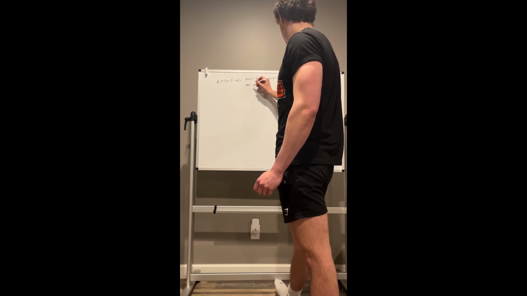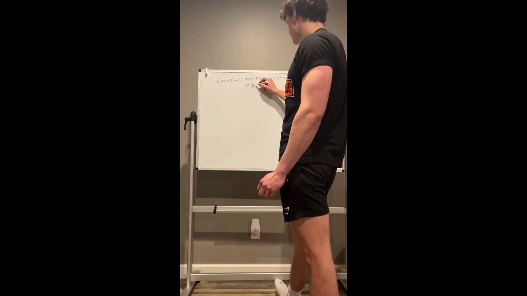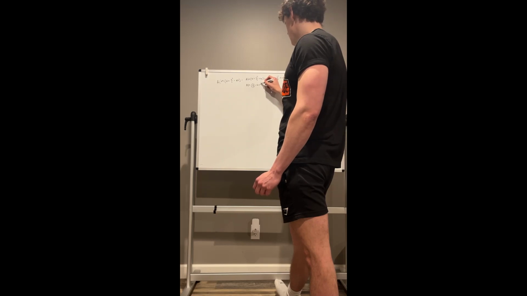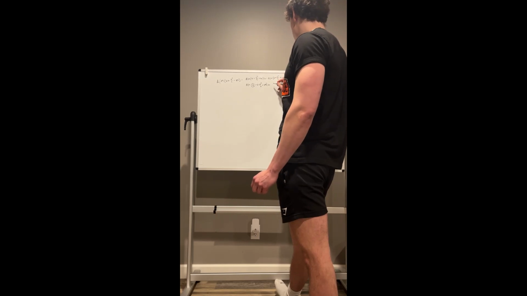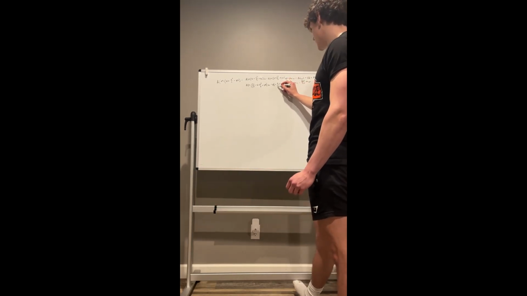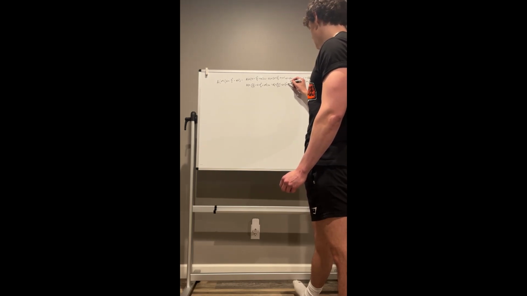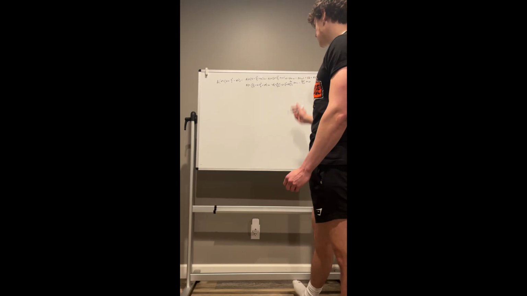So we will end up with dm times P in over density at inlet plus U plus V squared over 2 plus GZ, and minus dm times P out over density out plus U plus V squared over 2 plus GZ out.